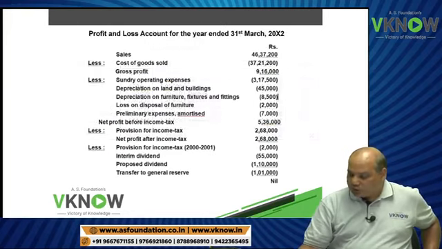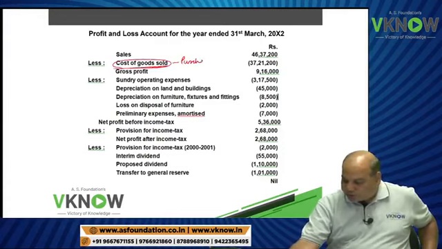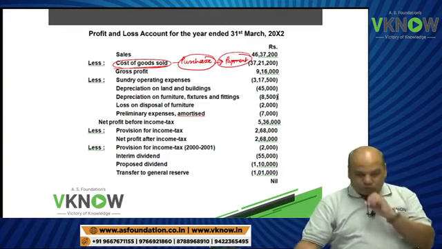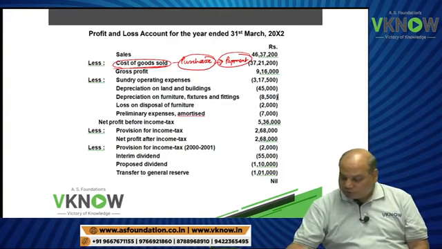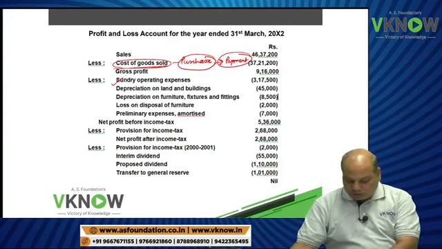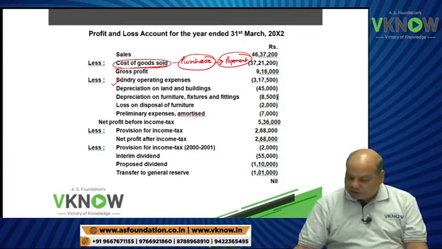Now the student will come to P&L account, sales, again cost of goods sold is given. So you use it to find out purchase, and then use purchase to find payment. This is usually what we do under direct method. Gross profit, sundry operating expense, tick mark, because there is an expense outstanding in the question.